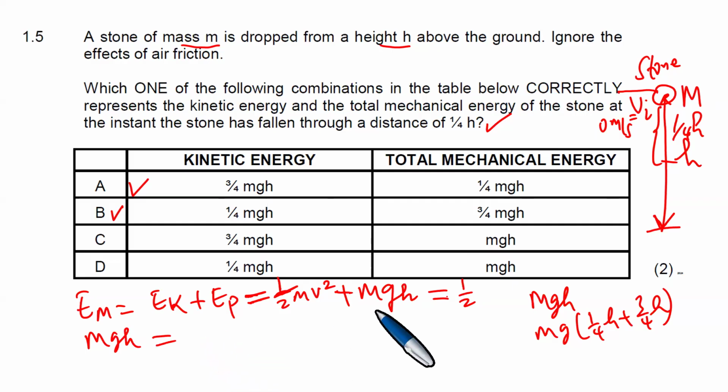And then if it has got to this point, there's energy conversion. When it falls this much, it means there's going to be a loss from the potential energy. At the highest point, it possesses mechanical energy.